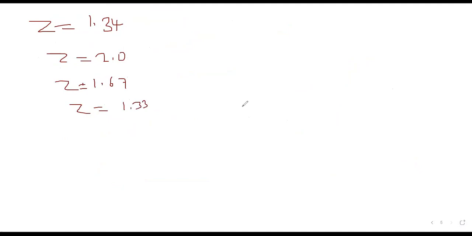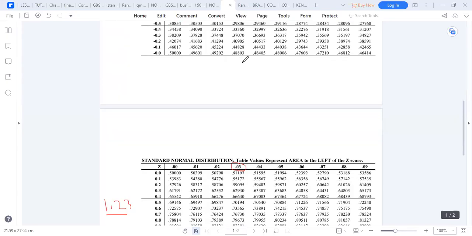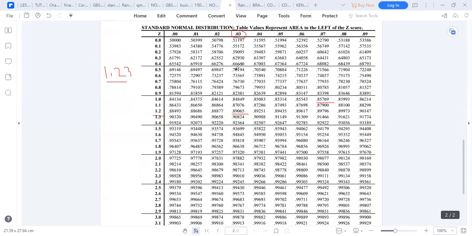Can somebody help me? What is the Z for 1.34? Can you check in here? You need to exercise your skills. What is a Z for 1.34? Yes, please.